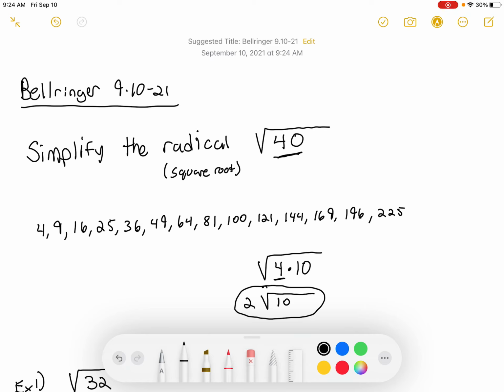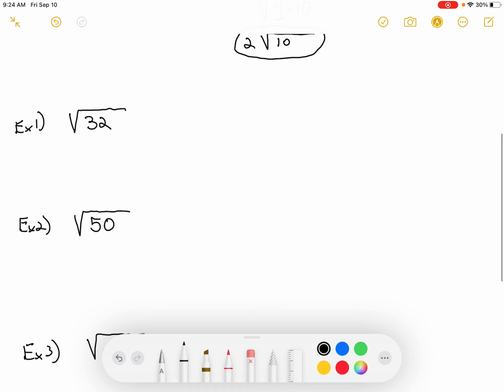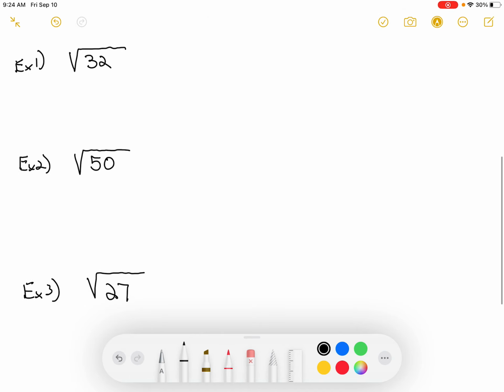Alright, so let's look at these 3 examples. Square root of 32, square root of 50, and square root of 27. Let's simplify these 3. We're thinking, what is the highest perfect square that will go into 32?